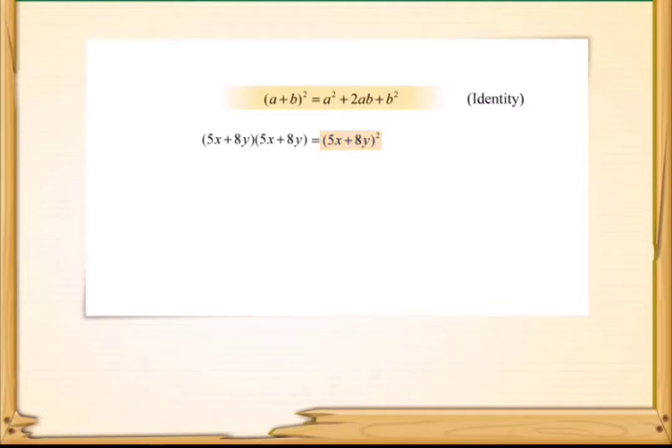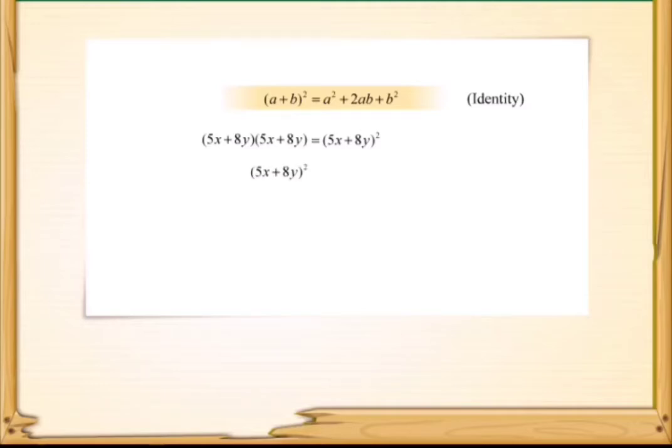Compare the new expression with the left-hand side of the identity. If you substitute a with 5x and b with 8y in the identity, you can simplify the expression much faster than by using the distributive law.